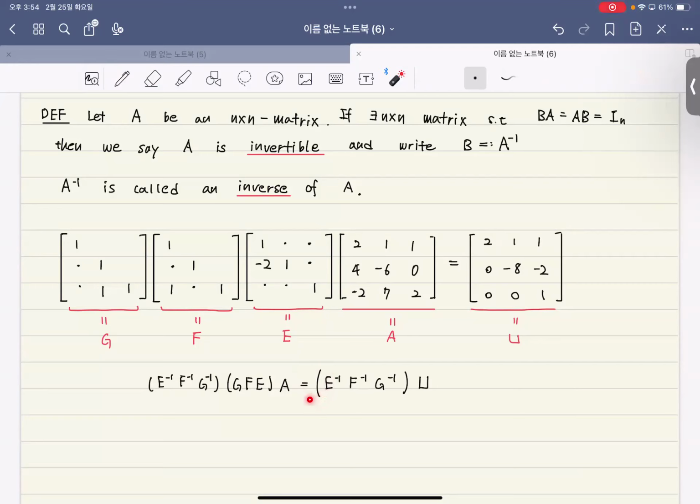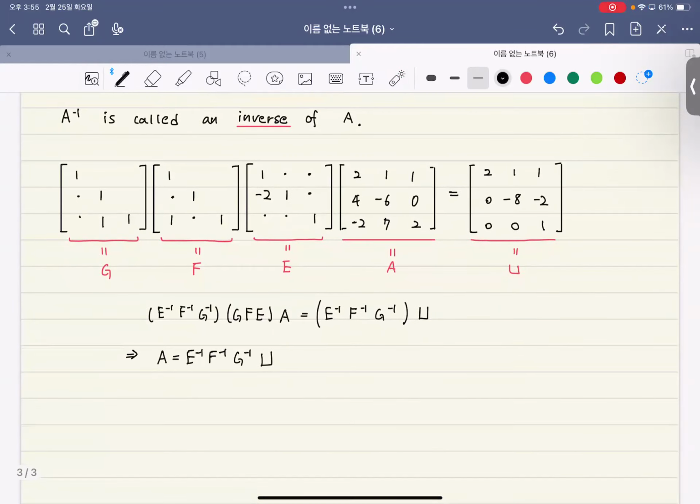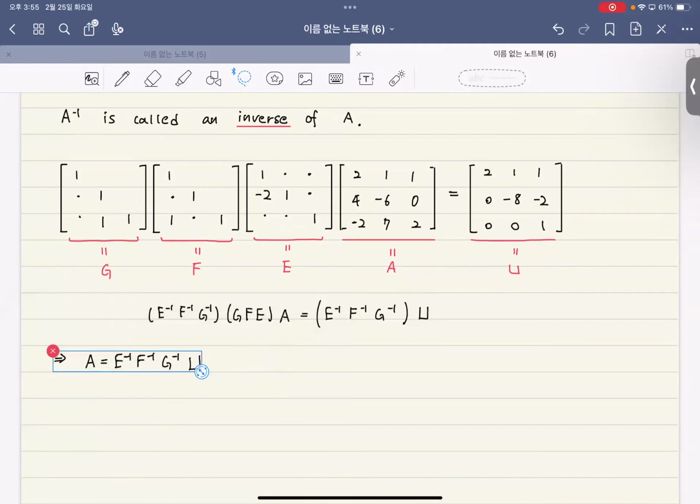This is also true, right? Now, G inverse times G must be the identity, so I'm free to cancel these two out. The same is true for this, and the same is true for this. So in other words, A is E inverse, F inverse, G inverse times U. Okay. Good. Let me multiply this.